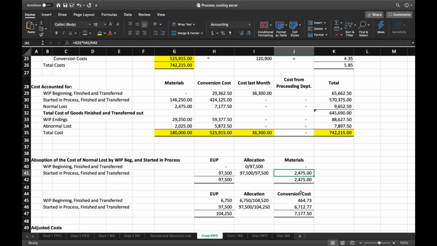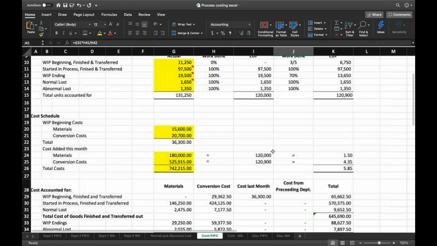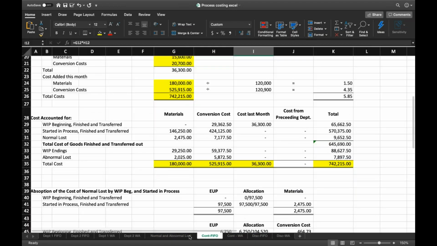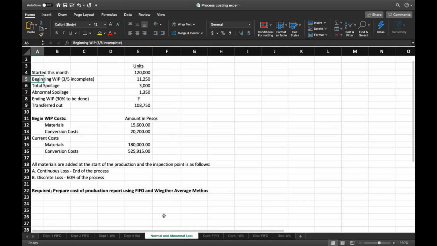Okay? Now, maybe you are asking, Sir, bakit yung work in process end, they also used materials. Bakit hindi sila nag-share dun sa material cost ng normal loss units? Well, the answer is the inspection point, let me go back to the previous slide, is at the end of the process. So hindi umabot yung work in process end sa end of the process.